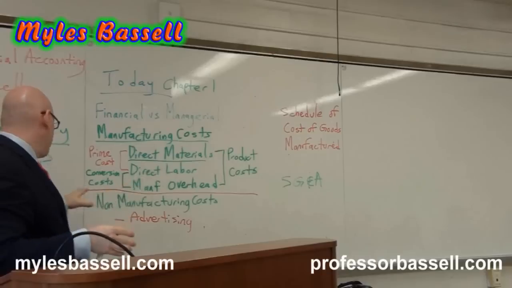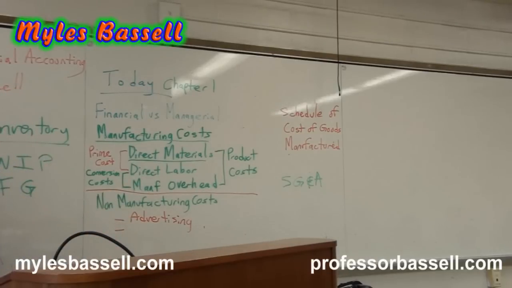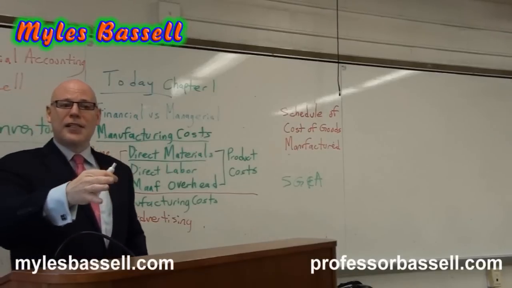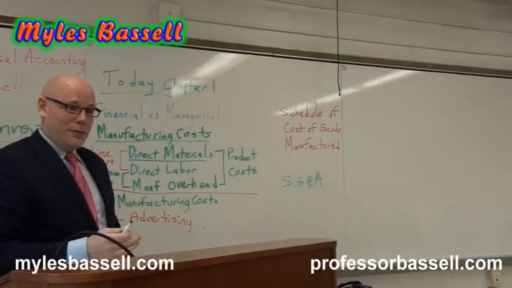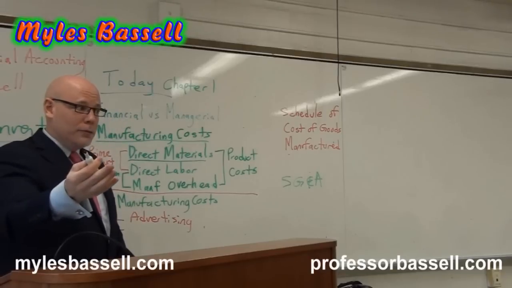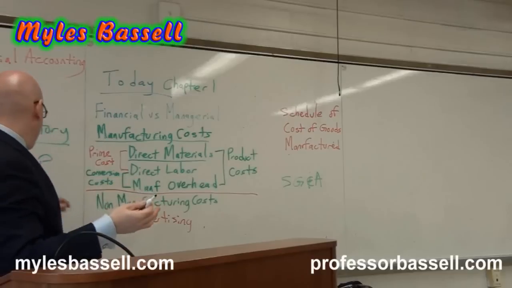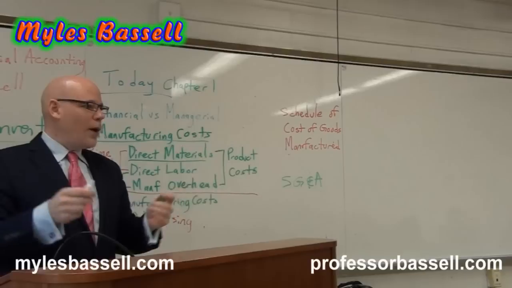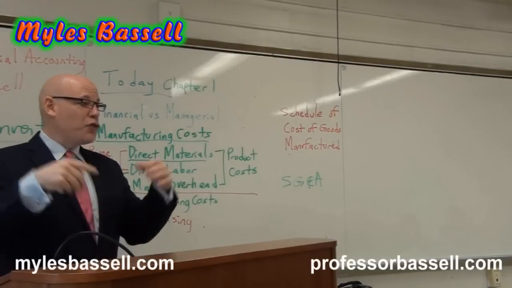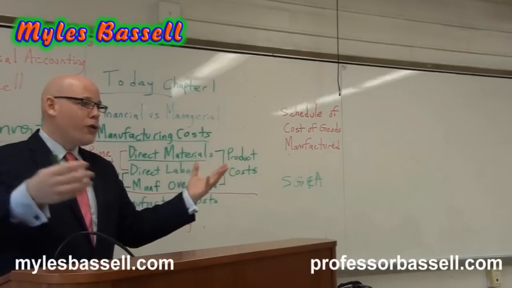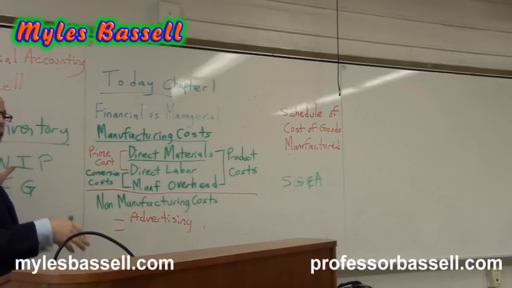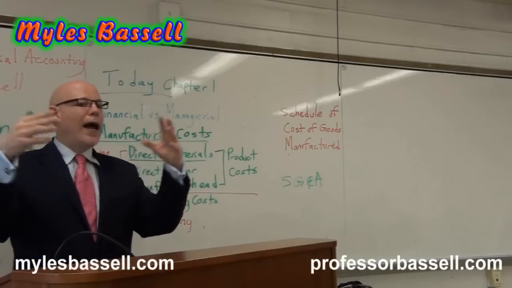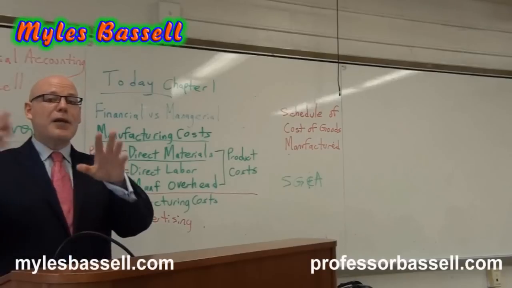We care about this. This is an asset, right? Inventory is an asset on the balance sheet. We care about this. Why? Because it's tying up cash. It's tying up working capital. If we have too much inventory, it's money that we have no access to. So we don't want to just have inventory for the sake of having inventory. Sure, it's an asset on our balance sheet, but you have to have the right amount of inventory to meet demand.